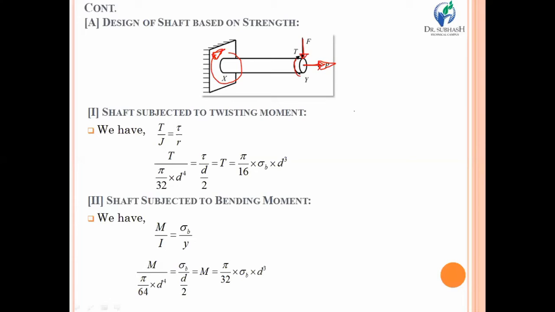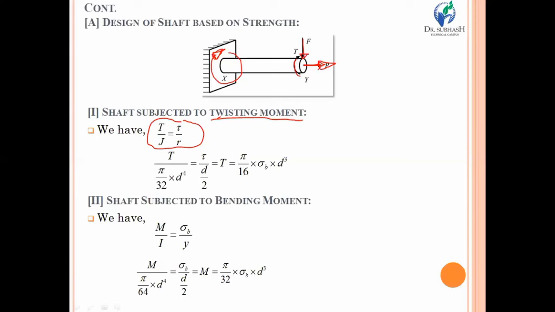First of all, you should take care about the twisting moment, and we know that there is a very famous torque equation: T upon J is equal to tau upon R. Over here, T is the twisting moment, J is the polar moment of inertia, tau stands for the shear stress that is produced while transmitting power and torque, and R is the radius of the shaft.